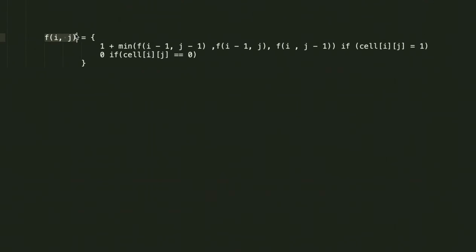To find this number for any cell (i, j), we have seen that it should be the minimum of the diagonally adjacent cell and the left and top cells, plus 1, if this particular cell contains a value 1, otherwise it will be 0. So we should run this for all the cells within the given matrix, and then add this f(i, j) for each of them to find the total number of such squares.